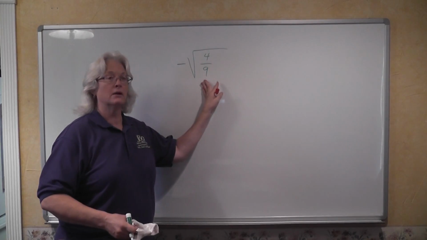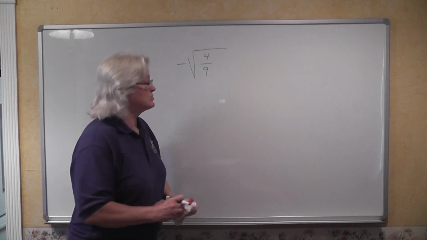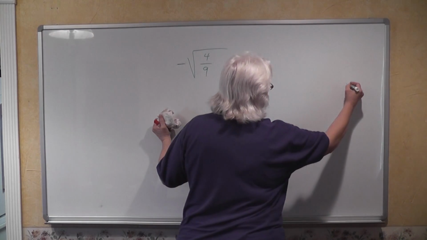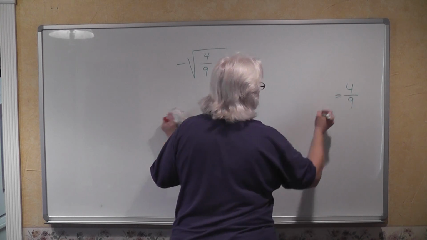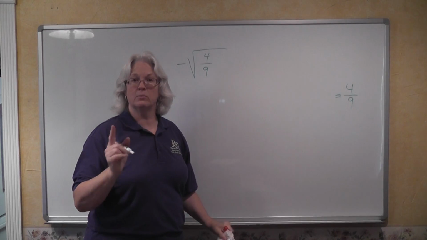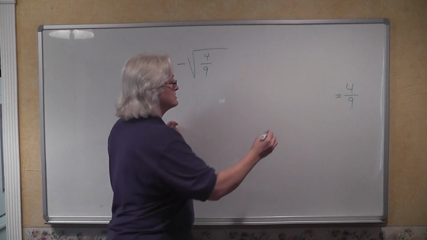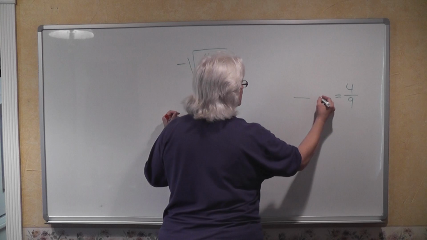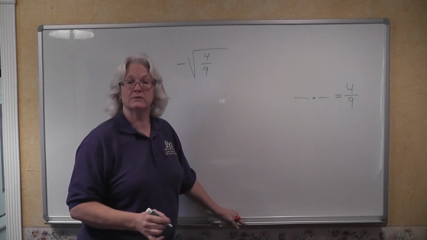Let's say that 4 ninths right here is our product, isn't it? Because if we want to find the square root of 4 ninths, what we're looking for is one of the number's 2 equal factors. So we're going to have 2 fractions that when we multiply them together, we have to end up with 4 ninths.